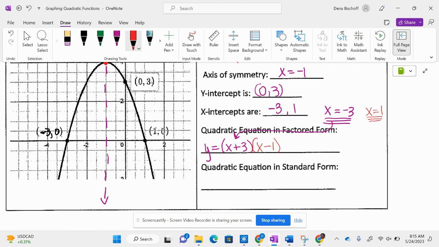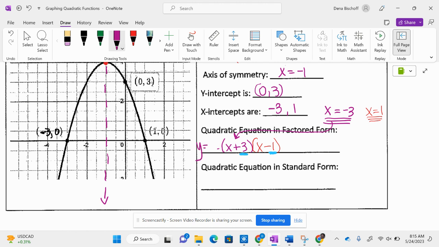So we're really close, except remember I said, if you think about this, if I take these two numbers and multiply them together, I should get my y-intercept. Do I? Is +3 times -1 equal to +3?